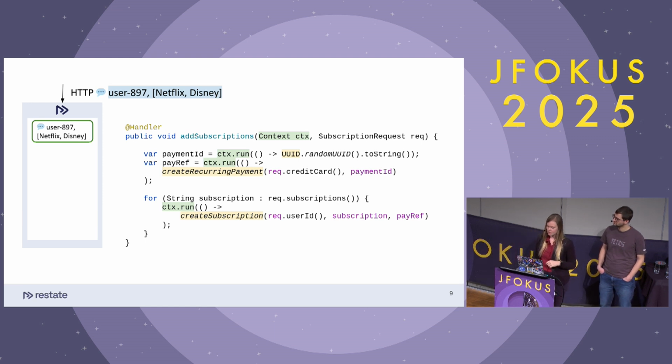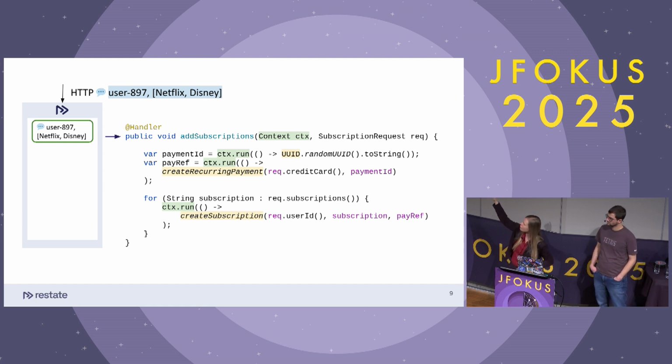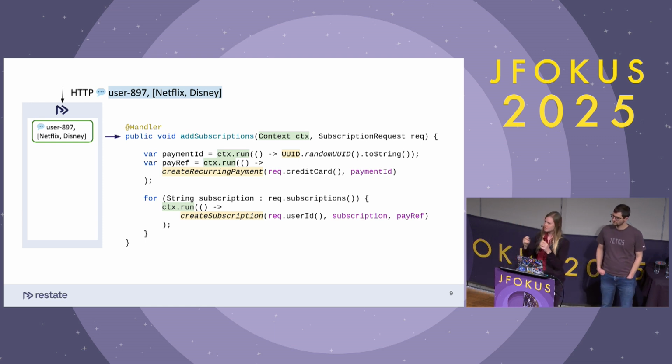And the way it does that is it forwards this request to the function, and in the function, you see that the code statements that I previously showed are now wrapped in ctx.run. What that actually does is it's an SDK in the back of the service which sends journal entries of what is happening over to Restate.